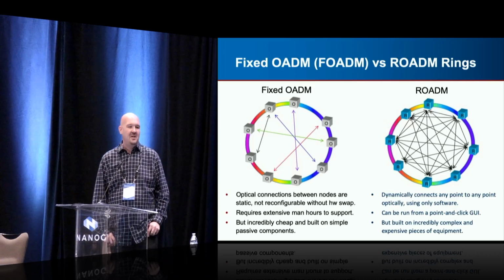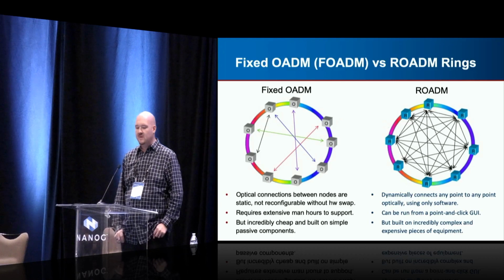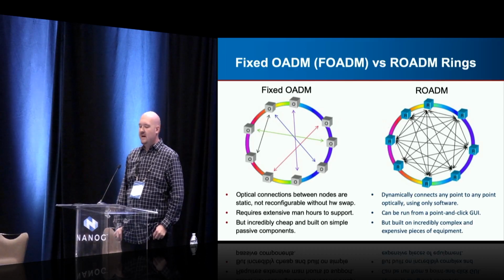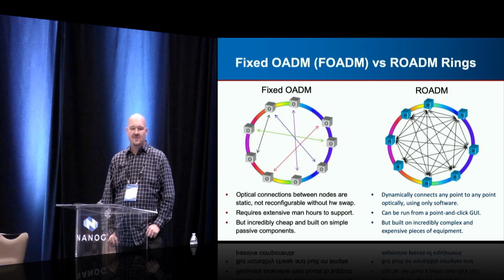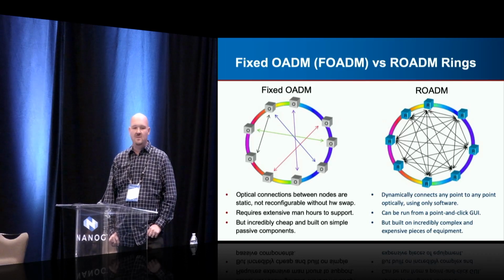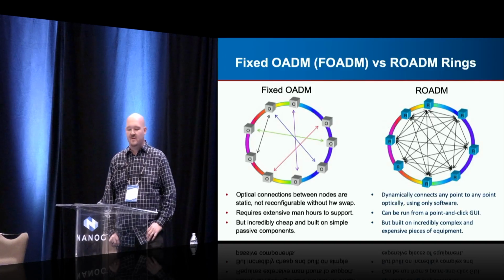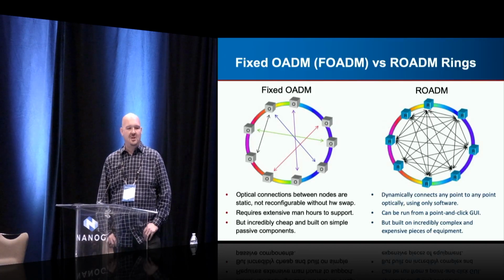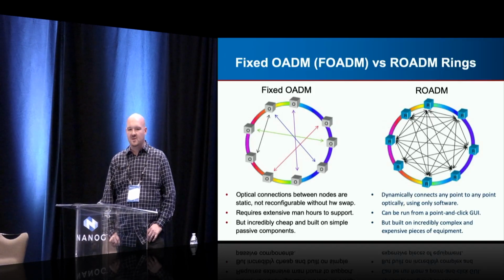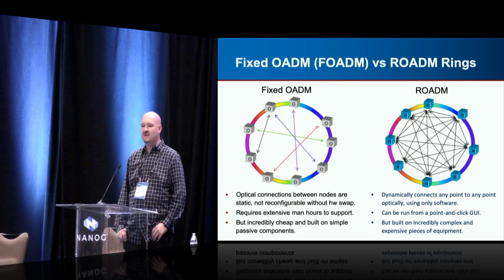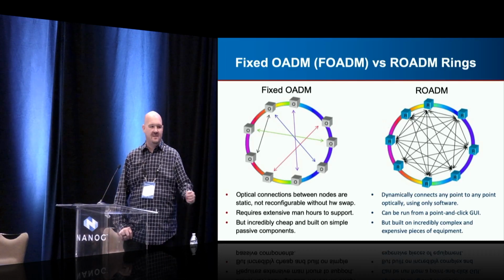If you ever want to change that, you have to go out and swap your hardware, so it can be time consuming. It requires a lot of man hours to plan and support. So if you really want to figure out your optimal channel plan, you have to put some time and effort into figuring that out beforehand. But it's really cheap. It's really simple components, very little effort goes into it, and there's very little loss to the whole system.